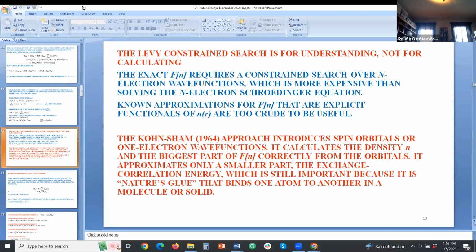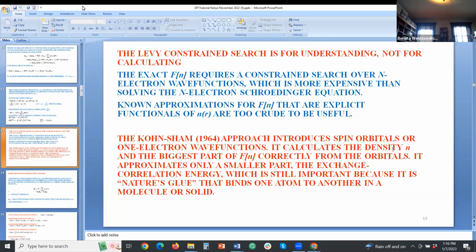There's still a smaller part left over, the exchange correlation energy, which has to be approximated in Kohn-Sham theory. I think that's unavoidable. That's the many-body part of the energy, and I don't think we'll ever have a calculable exact expression. But we can make approximations, and we can make the approximations better and better as time goes on.